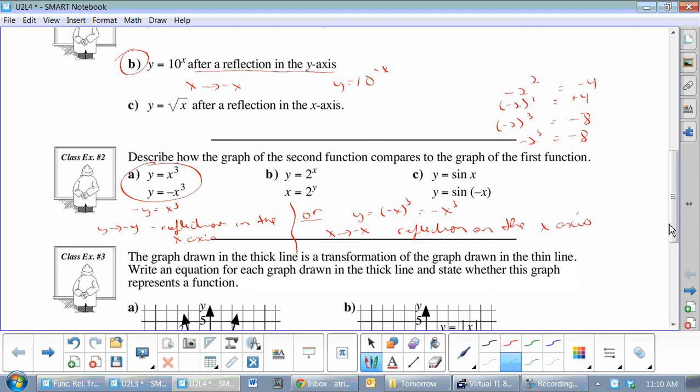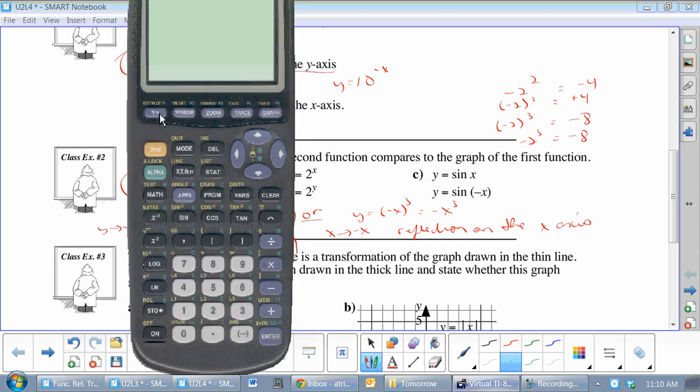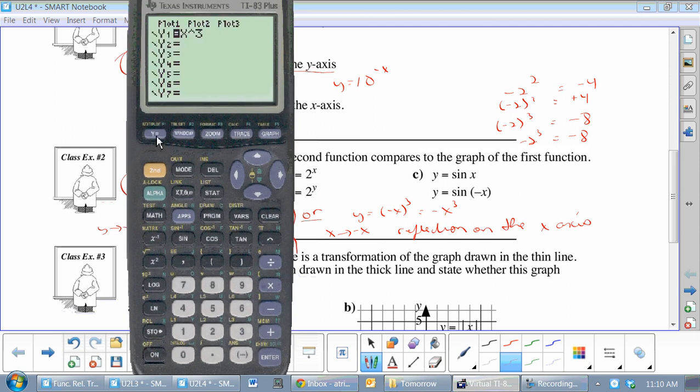Now, why don't we actually try and say, why does this work? Like, how can you do a reflection in x and reflection in y, and it still gives the same picture? Okay, so maybe I'll answer your question, why this, and then I'll get to you after if I don't. Okay, so I want everybody to put y equals x cubed into their calculator. I'll hit graph.